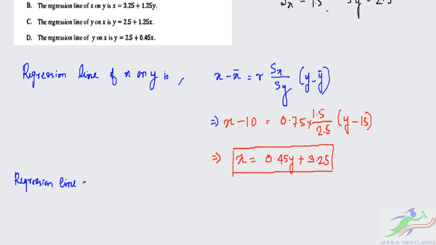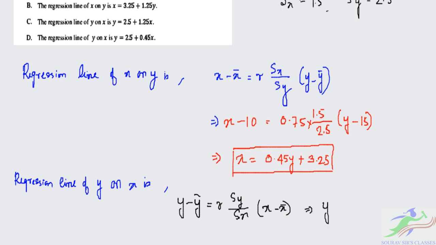Regression line of y on x will be y minus y bar equals r of sy by sx times x minus x bar, right?